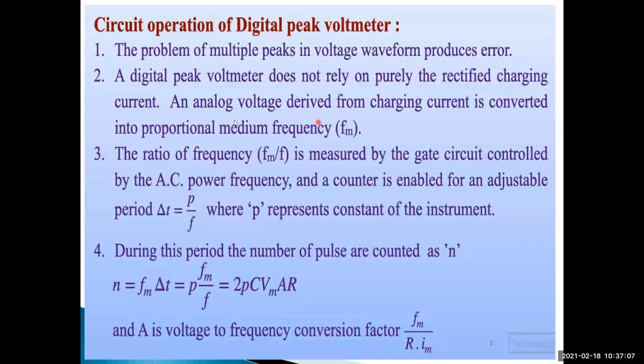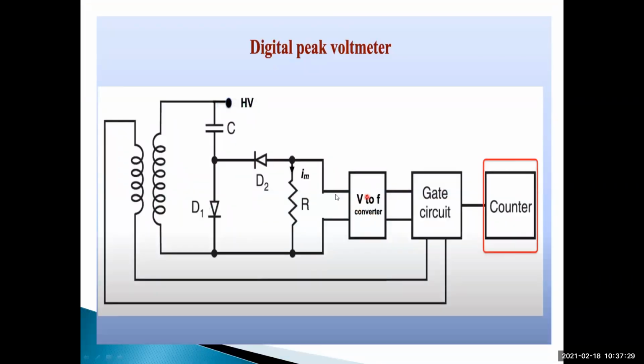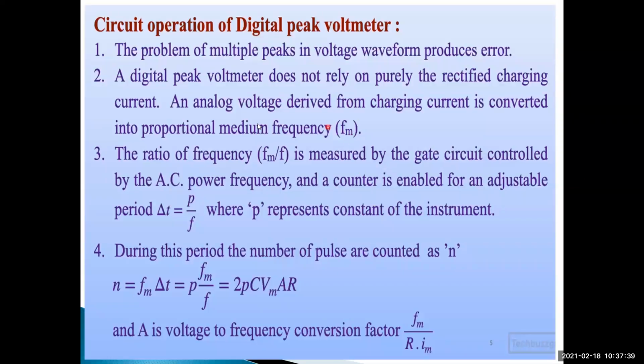The rectified current through the diode D2 is converted into a frequency that is called fm, the proportional medium frequency.